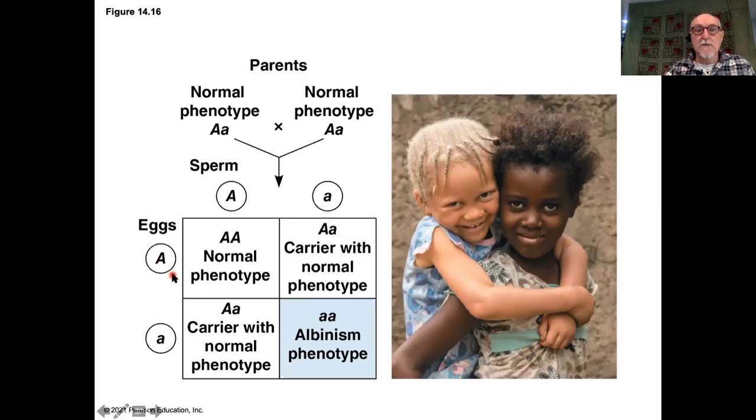So do the Punnett square, and you get homozygous dominant there, AA, normal. That's the normal laying down of melanin. This here, heterozygous, big A, little a, and big A, little a. These are carriers, but the phenotype is normal. This is dominant.